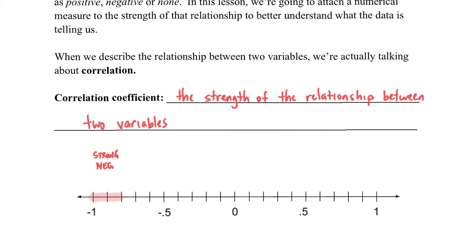Now, if you're between -0.7 and say -0.3 or so, we would say that this is a weak negative.